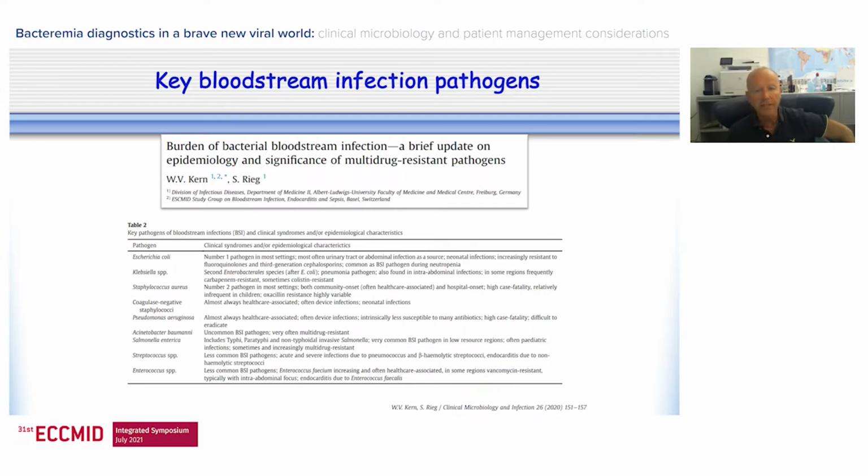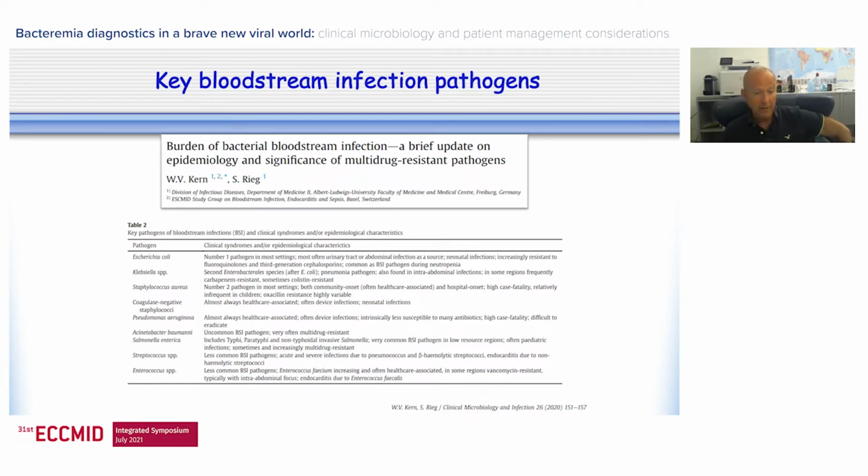The problem of resistance is that there is an increasing resistance trend to fluoroquinolones and broad-spectrum cephalosporins. This is extremely common in BSI. Klebsiella pneumoniae is the second Enterobacterales species after E. coli being identified. You have pneumonia, intra-abdominal infection, but bloodstream infection as well.